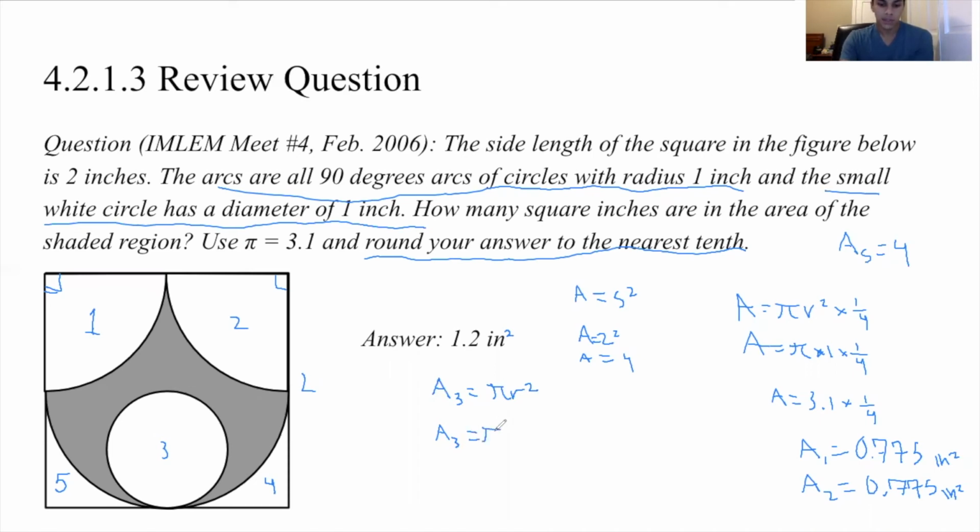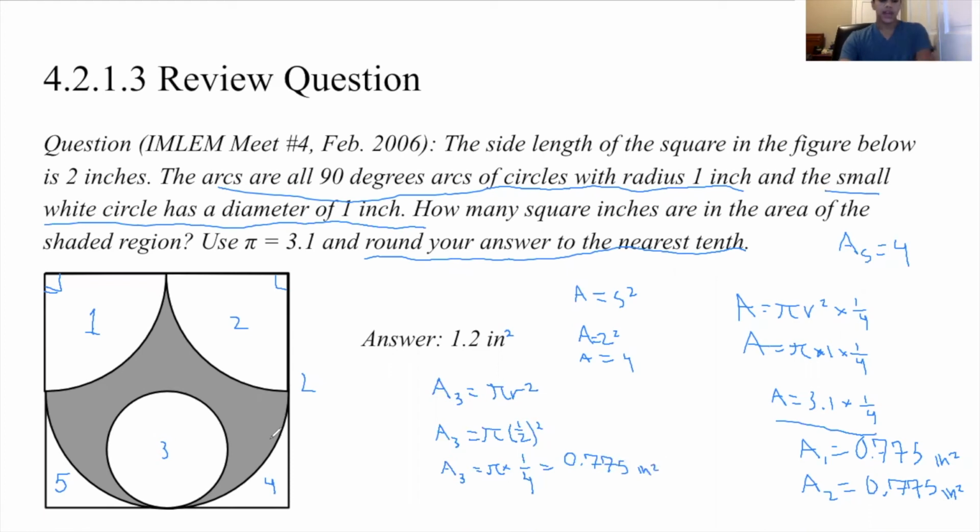So therefore, we have pi times 1/2 squared, and 1/2 squared is 1/4. So that's going to be pi times 1/4. And we already did this math earlier, right? We did it over here. And that's also going to be equal to 0.775 inches squared.